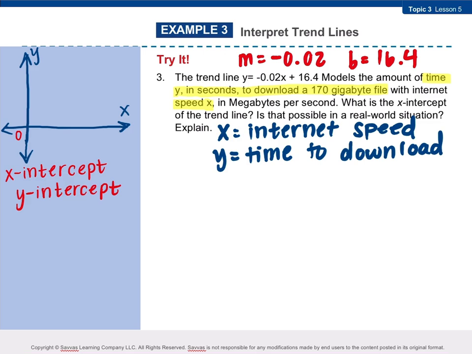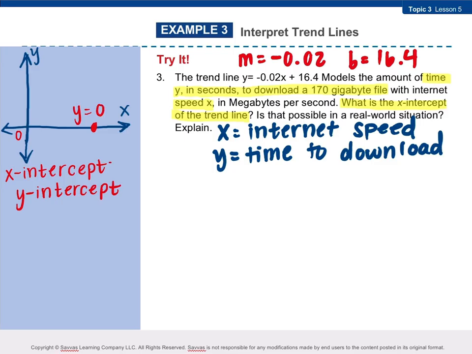So it asks me, what is the x-intercept of that line? And I don't want to graph this line, especially with a slope of negative 0.02. That sounds hard. So if you remember from last unit, the x and y-intercept can be a little tricky. If I imagine an x-intercept is a point on the x-axis, and on the x-axis, y is 0. That's what I know.